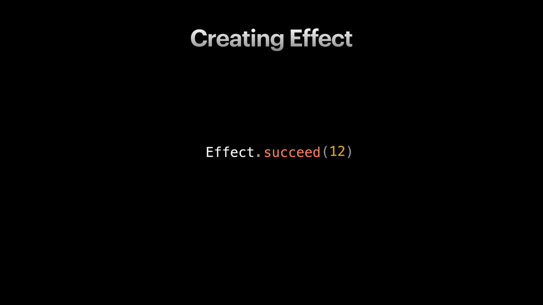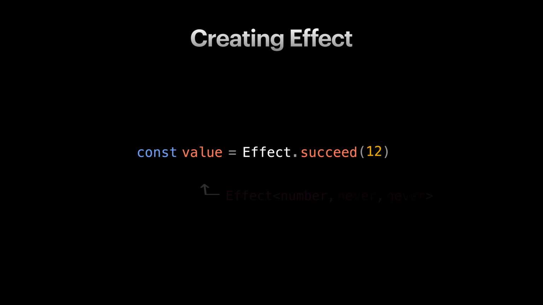For instance, when using effect.succeed(12), you can think of it as a computation that always results in 12. So the return type would be effect of number. The error and dependency type parameters are never, because this effect value can never be an error and is not depending on any dependencies.